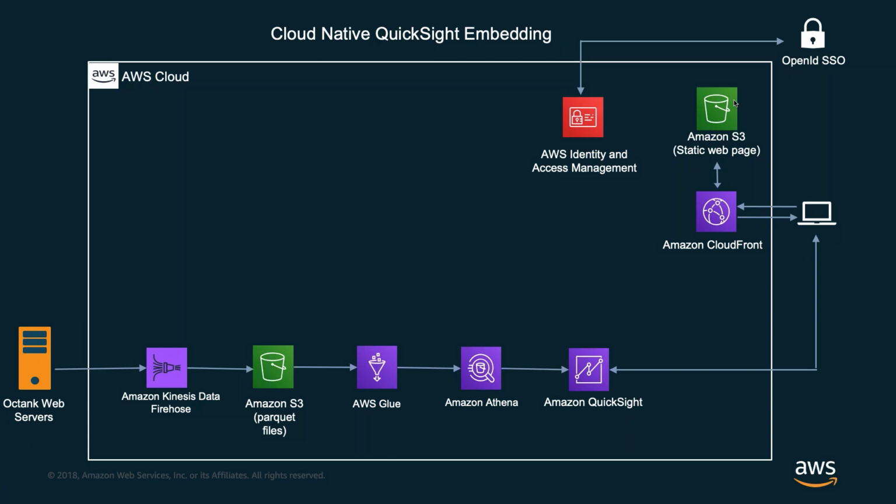And then the way the flow works is once the static page loads onto the client browser, we should check whether the user has already signed in or not. That is, do they have a valid SSO session? Now, each of the different SSO providers have their own custom way of doing this.